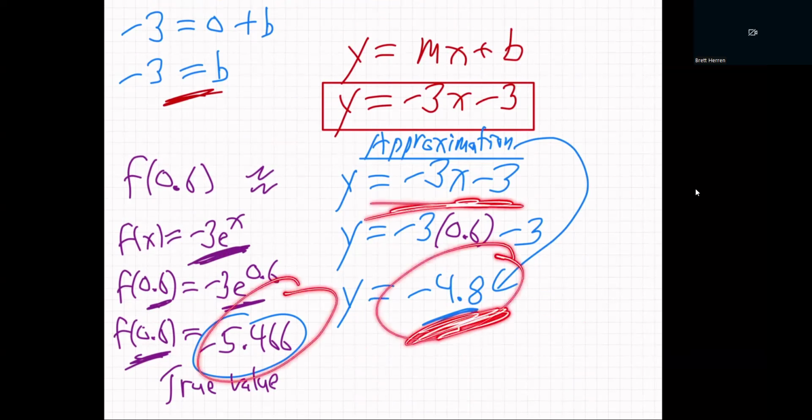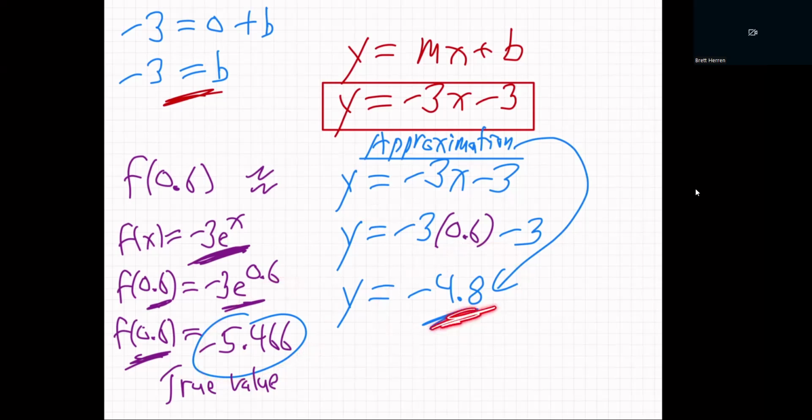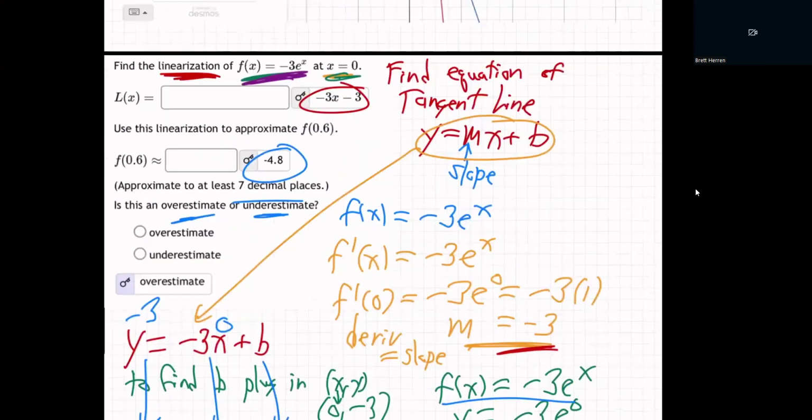This number is higher than that number, because they're both negative. If you're $4.80 in debt versus $5.46, this is more negative. So this is the higher number. This is an overestimate. We went too high.